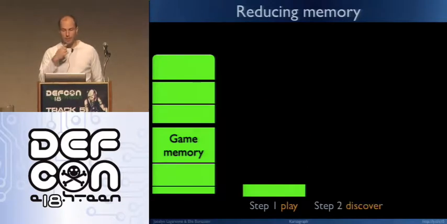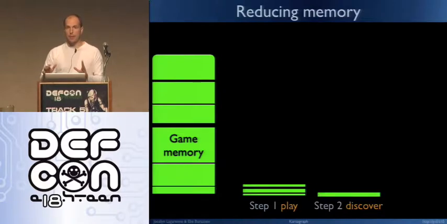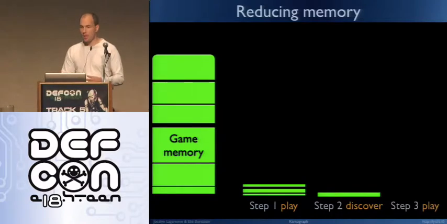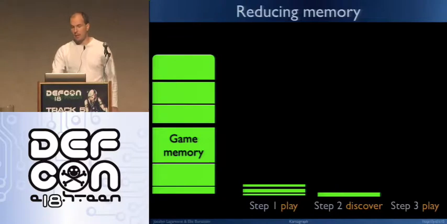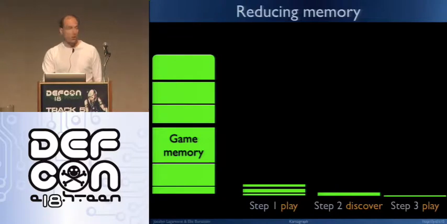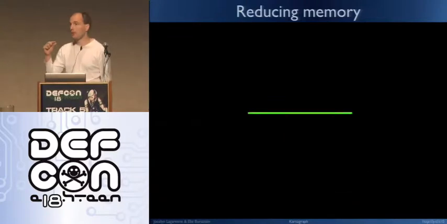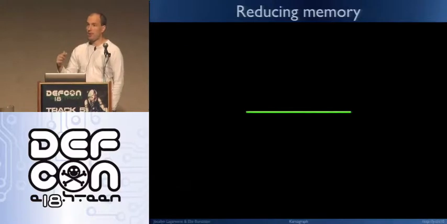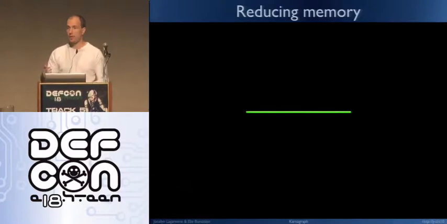Then in the second step, we discover the map, and only discover the map, and this time we only keep the memory which did change. So it helps us reduce further how much memory we need to consider. And finally, we do a third step just to clean up a little bit more, and we play the game again. After that, we should have a fairly small chunk of memory, usually 2 or 3 megabytes, where we know the map is in it, and then we have to look at it visually.